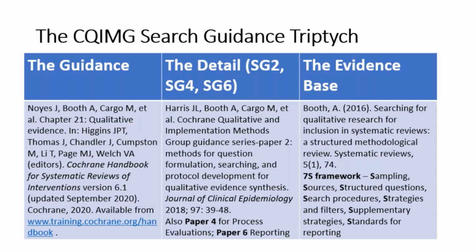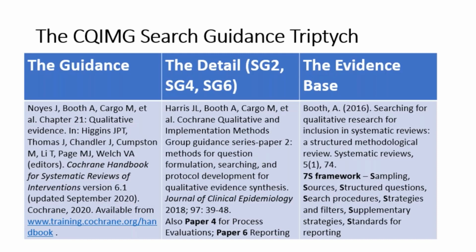But we felt a need to go into more detail than that, and so we published supplementary guidance in the Journal of Clinical Epidemiology. Paper 2 contains the information on methods for question formulation, searching, and protocol development. So there is more search detail here.